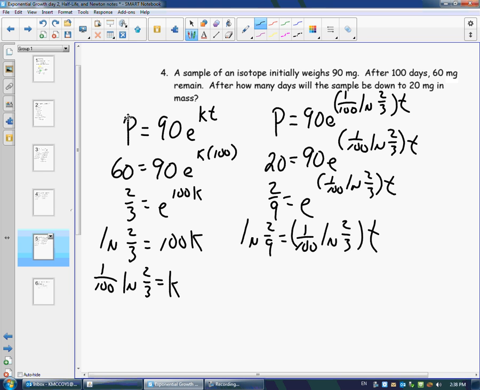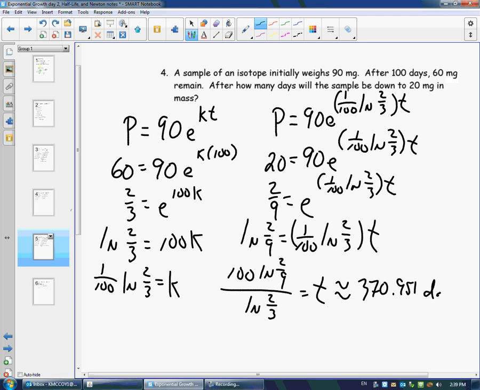So we'll have to solve for t by multiplying both sides by 100 and then dividing by the natural log of 2/3. That is an exact time. Of course, tell somebody that that's how long it takes and they're not going to have any idea what you're talking about. So we will go ahead and do our approximate decimal here. This one actually does work out to be a decimal. So you remember you have to go 3 decimal places. And when you plug that in, you get 370.951 days.